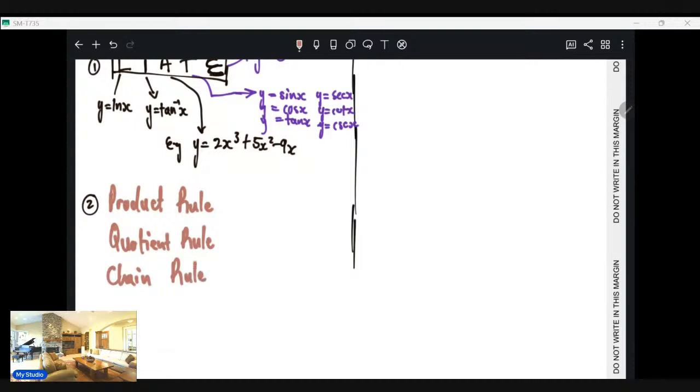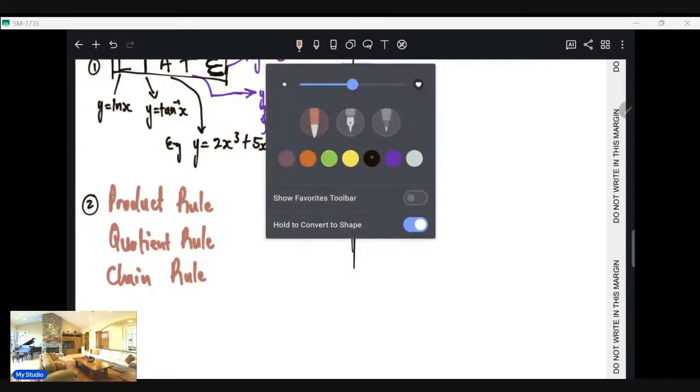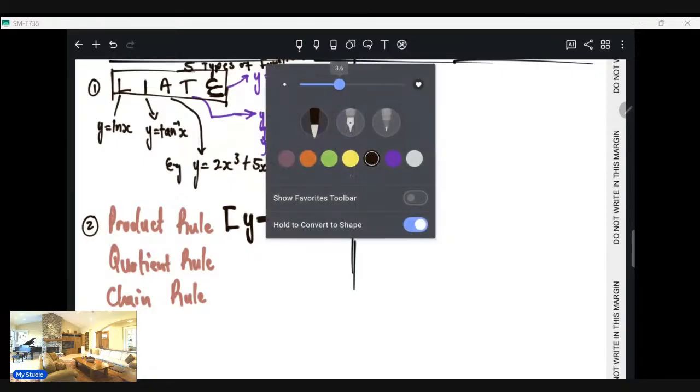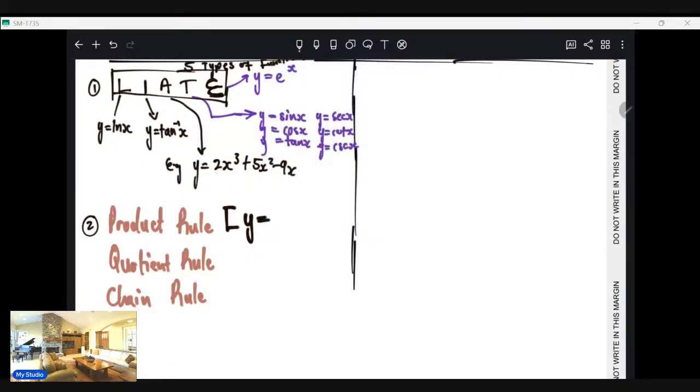So I'm going to be using this in questions today. Product rule: you will now be having functions multiplying each other. You have seen the 5 types of functions. You use the product rule when you have a harder function where you have 2 of these 5 multiplying each other.